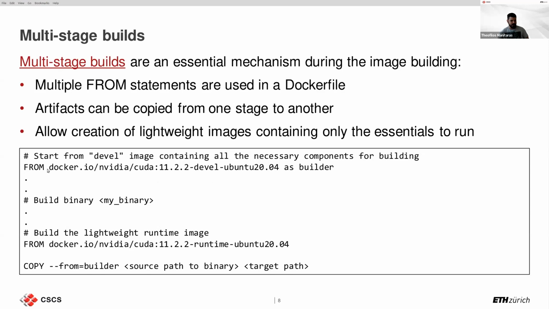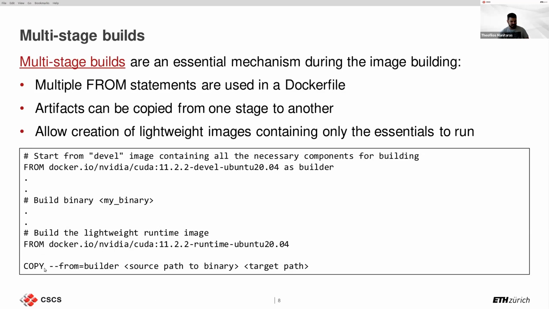So again, I start with a container image that contains everything that is needed to build my binary. So I have here all the steps to build my binary. And then, since I don't need the compilers anymore because my binary is built, I start from a more lightweight image that doesn't contain the compilers, only the libraries that are needed for my software to run, and I copy the binary that I built from the builder image.